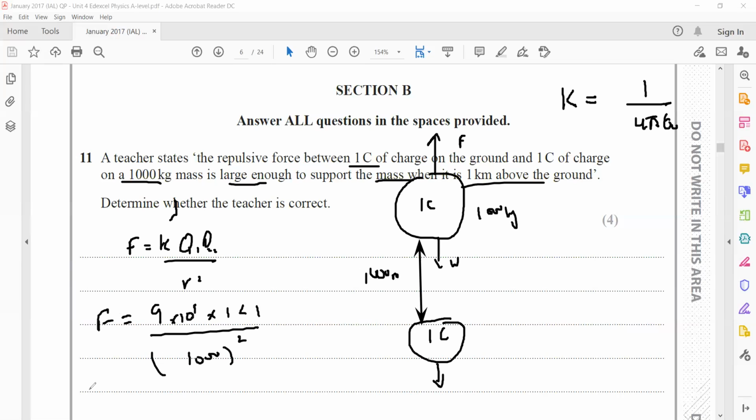What's the electrostatic force when you solve this? 9 exponent 9 divided by 1000 square. What is the electrostatic force?